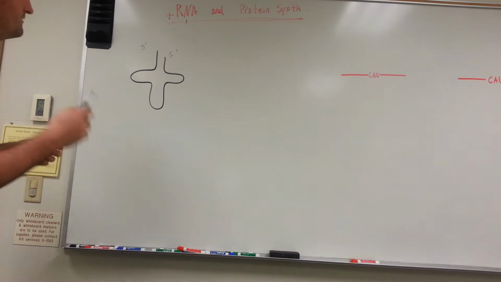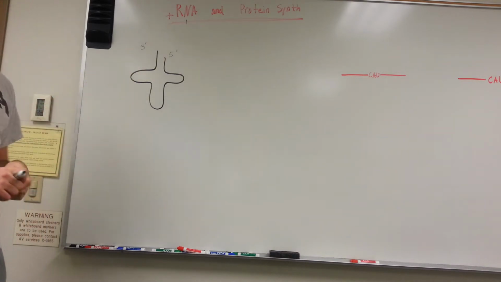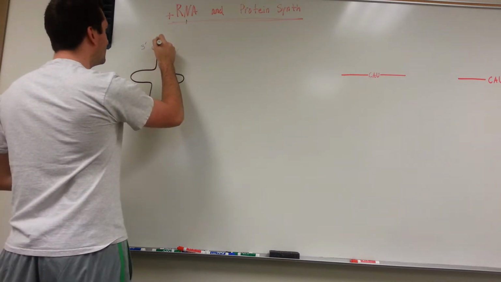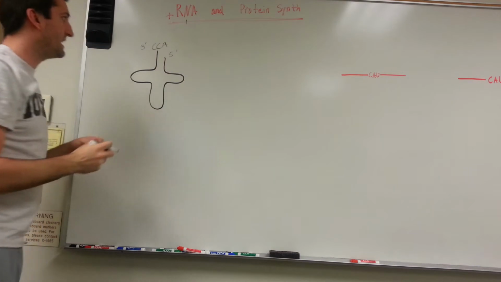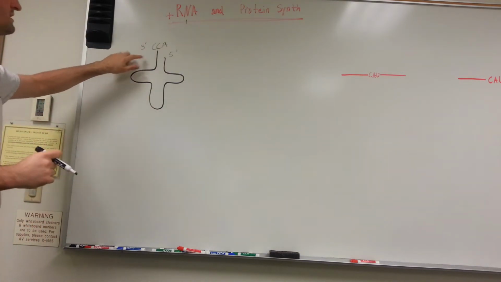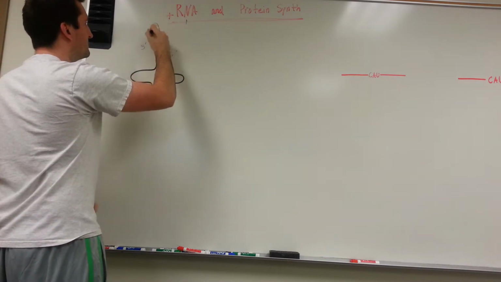We also know that at our 3' end, we're going to have a CCA triplet. And what that's going to do is accept an amino acid.